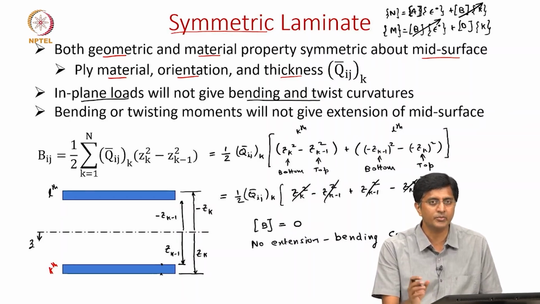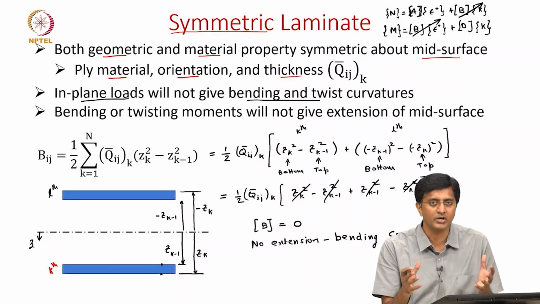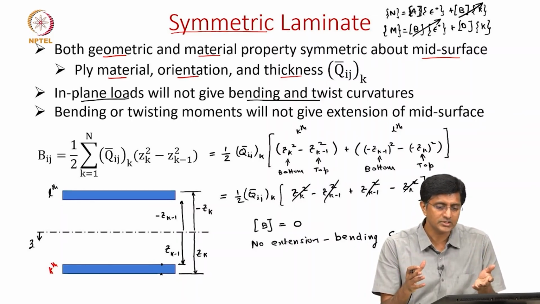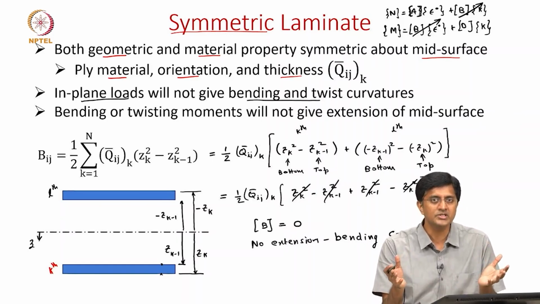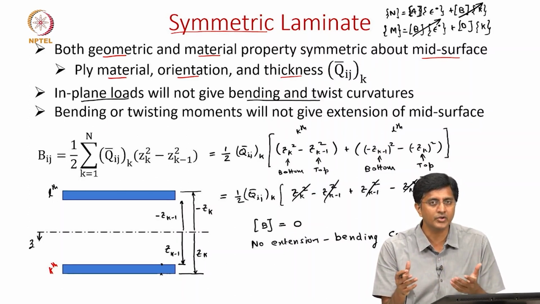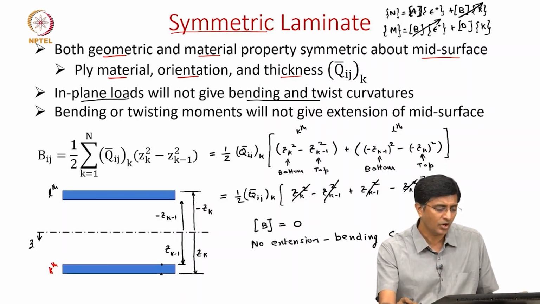For example, when we prepare molds and when there are changes in the temperature, let's say during curing, then because of this coupling between the extension and bending, there will be change in the shape of the cured laminate. But once we have a symmetric laminate, one can avoid those changes in the shape because of the change in temperatures. Now let's see how we can apply this symmetric laminate to a few select laminates.